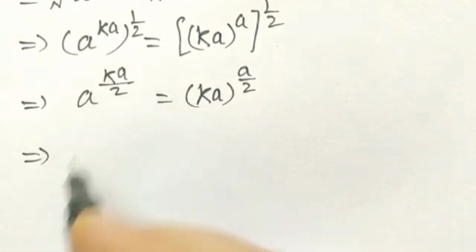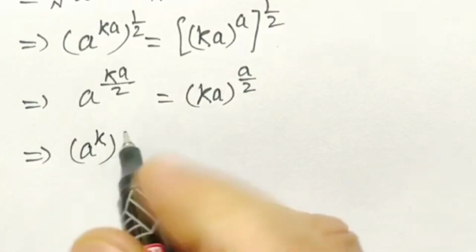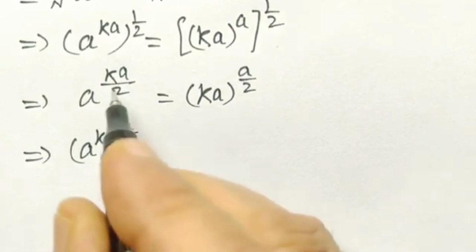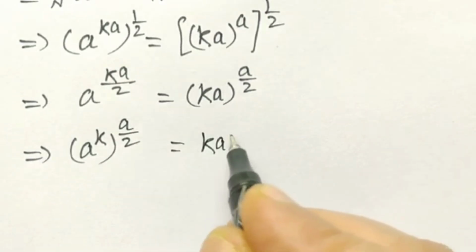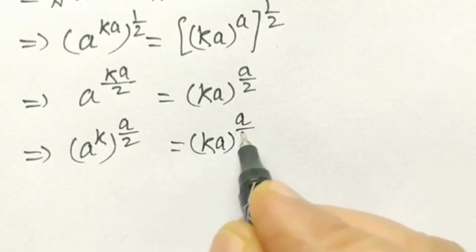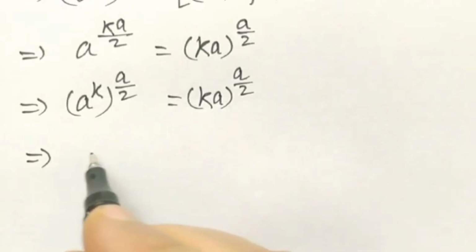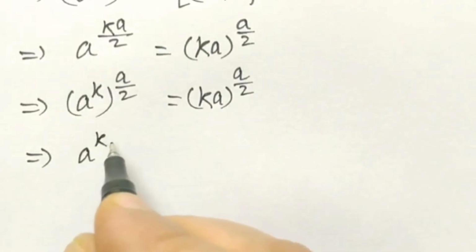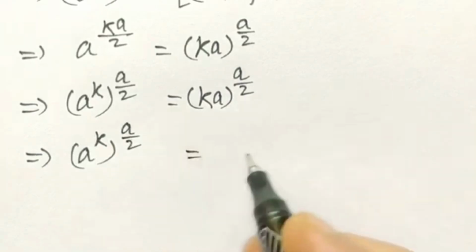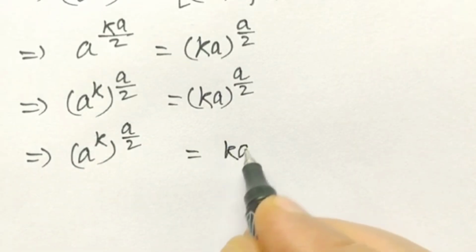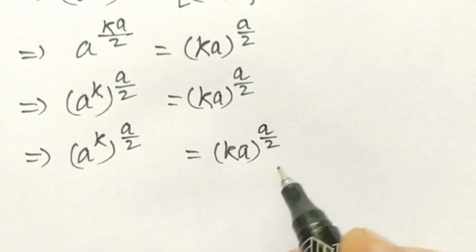So we can write this as a to the power k to the power a by 2 is equal to ka to the power a by 2.